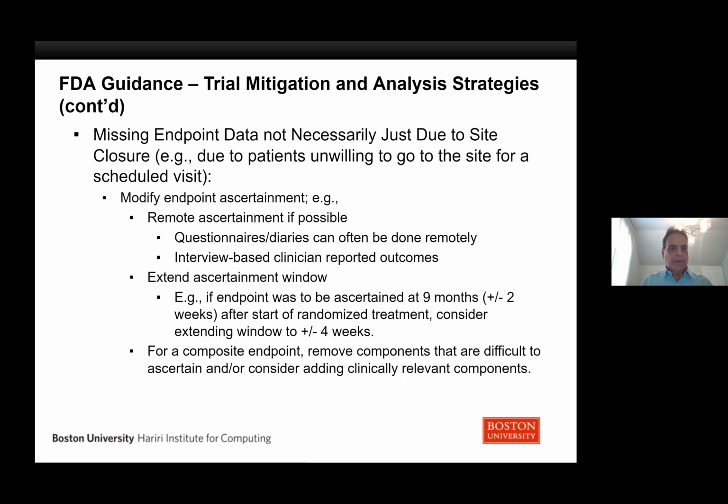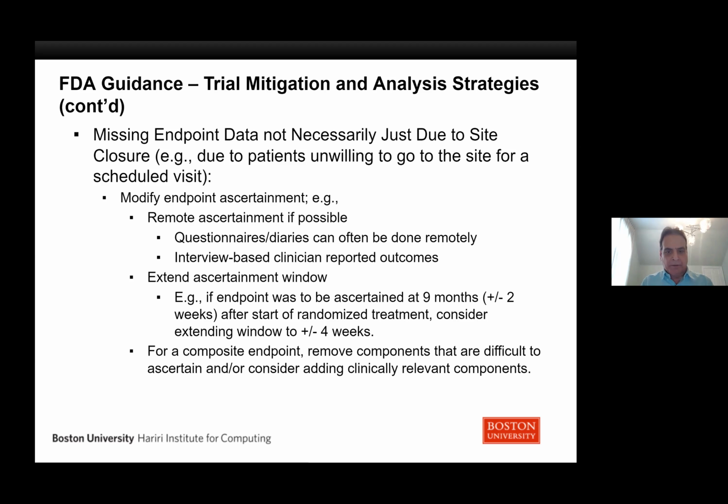However, there is missing endpoint data not due to site closure. In other words, patients, for example, unwilling to go to the site for a visit. You can modify the collection or the ascertainment, and remotely collect data if possible with online questionnaires, diaries, or interview-based clinician reports. Extend the ascertainment window.